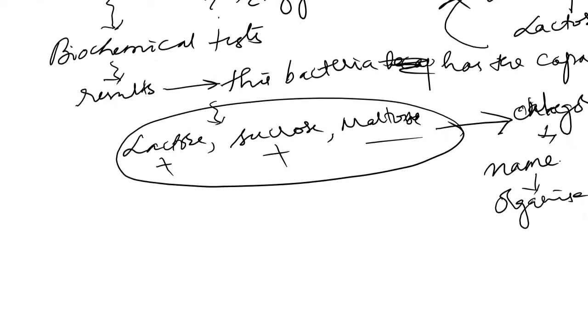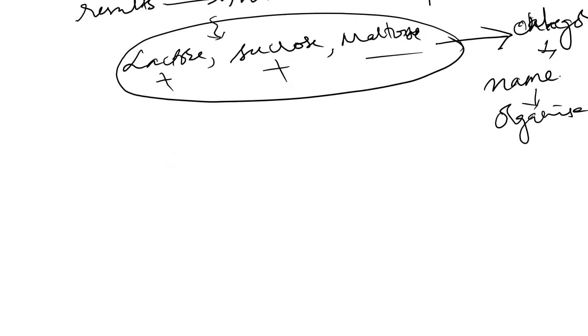Clear? Now going to the next one, which is biotyping. What is biotyping? Biotyping is nothing but a specific group being subdivided into several other groups or subgroups based on a particular type of characteristic, like maybe based on the toxins they produce.